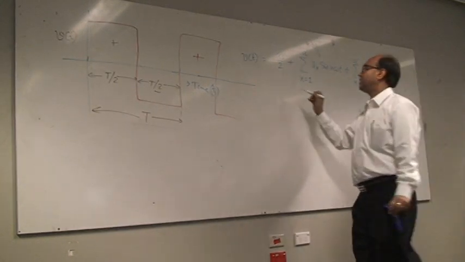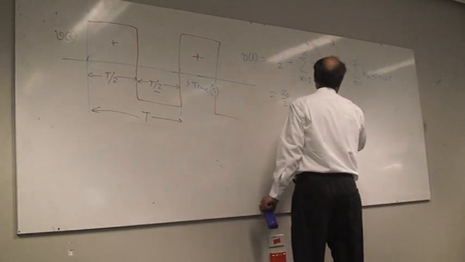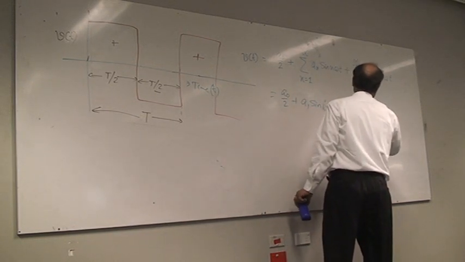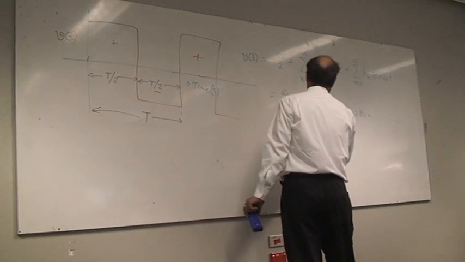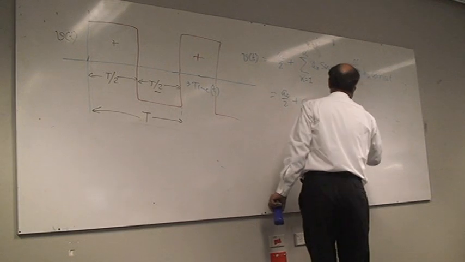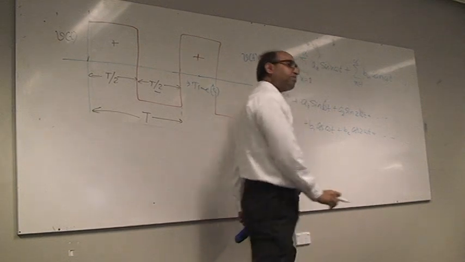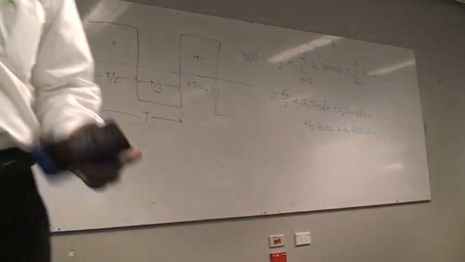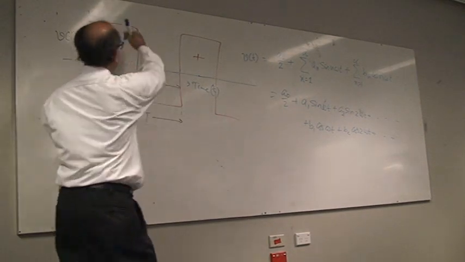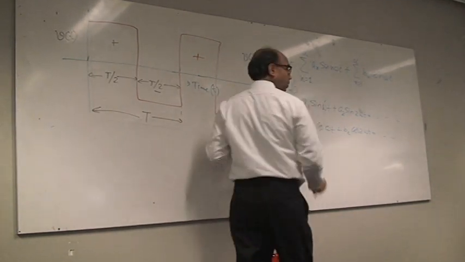So if you want to express this, it is like this: a1 sine omega t plus a2 sine 2 omega t and so on, plus b1 cos omega t plus b2 cos 2 omega t, plus c. Now I say that I have given you a waveform which has no offset, so that will be 0.